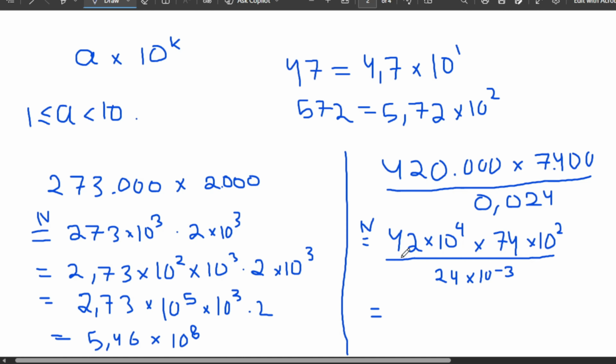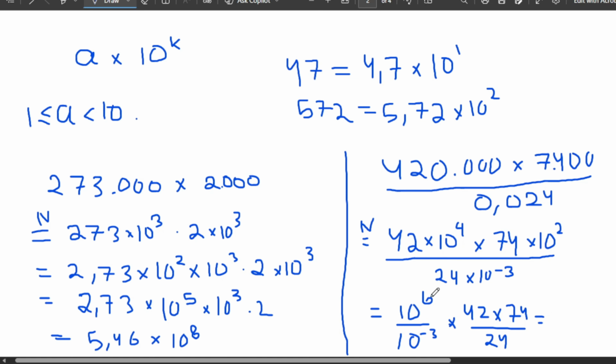Okay, we multiply the numerator. So 10 to the power of 4 times 10 to the power of 2 will be 10 to the power of 6, over 10 to the power of negative 3. Let's collect them: 42 times 74 over 24. If we have a negative power at the bottom, when we switch it to the numerator, it will be positive.